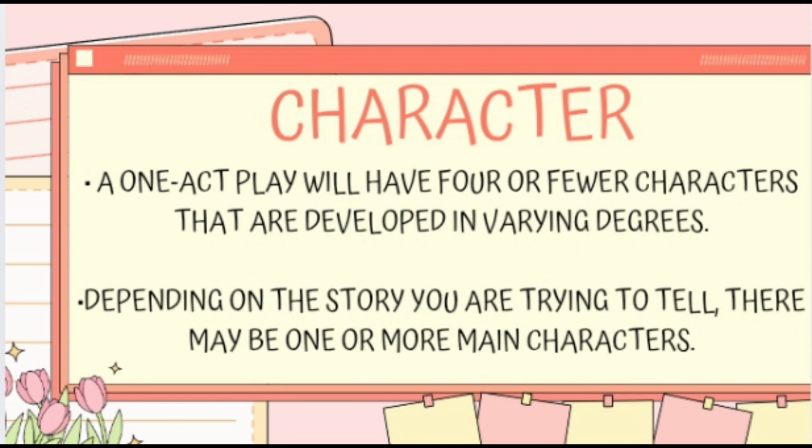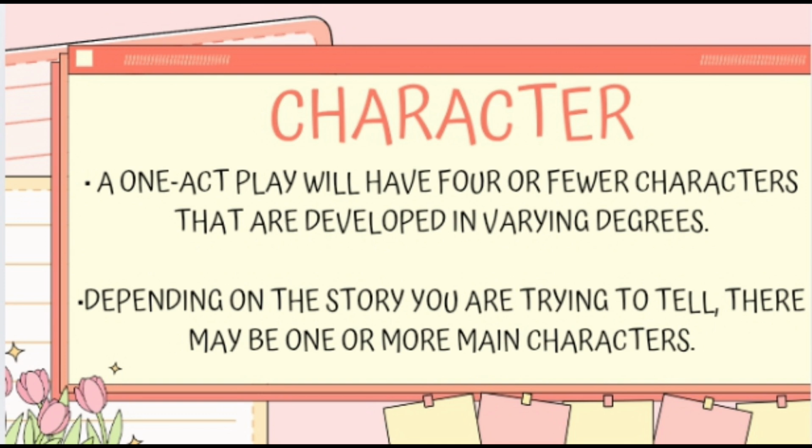A one-act play will have four or fewer characters that are developed in varying degrees. Depending on the story you are trying to tell, there may be one or more main characters. So, class, the characters in one-act play refer to the people, or sometimes animals or objects, in a play who perform the action and deliver the dialogue.